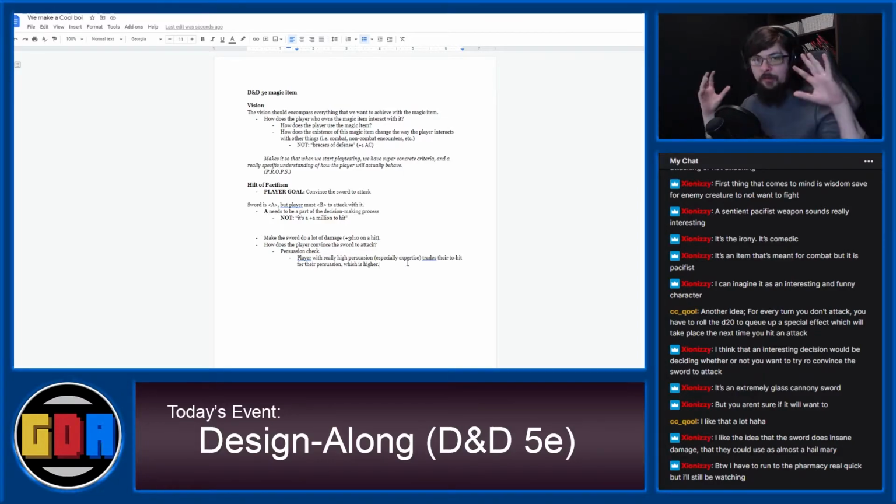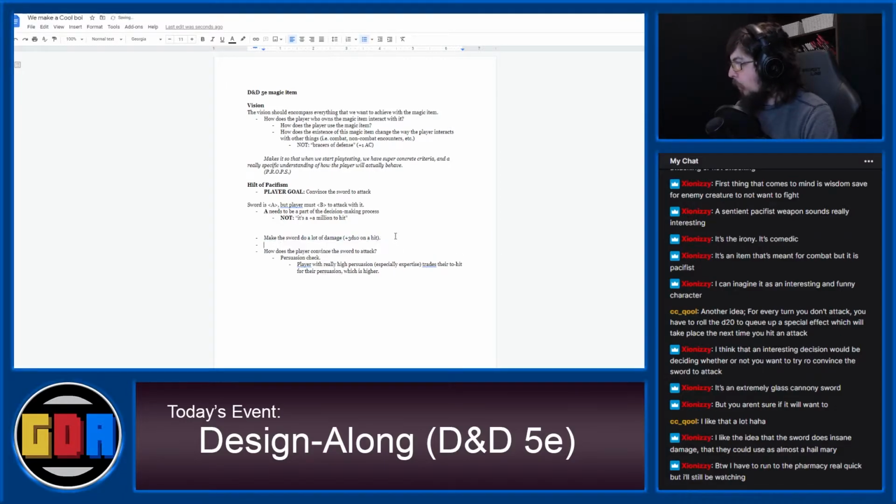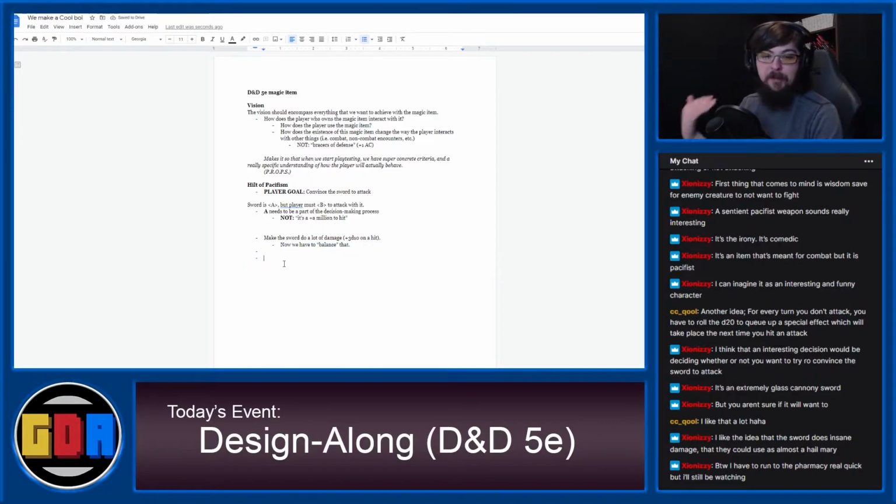So this idea of making it do damage puts us in a weird situation where, once we do that, we have to balance that. Because before we've done all this, we've basically just gone, okay, the sword does a lot of damage, we need something to offset that.